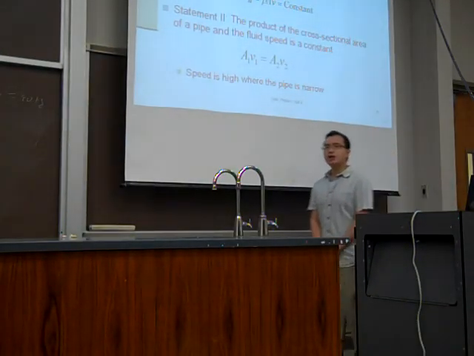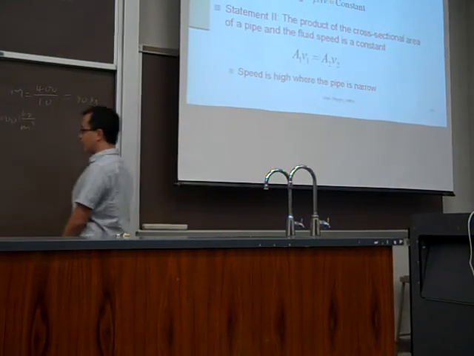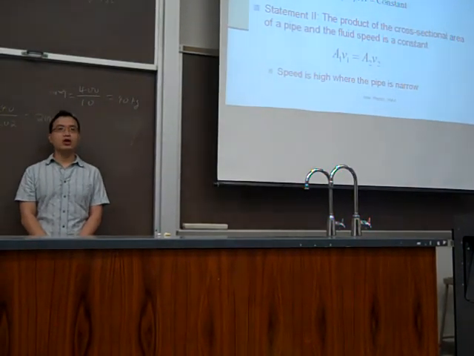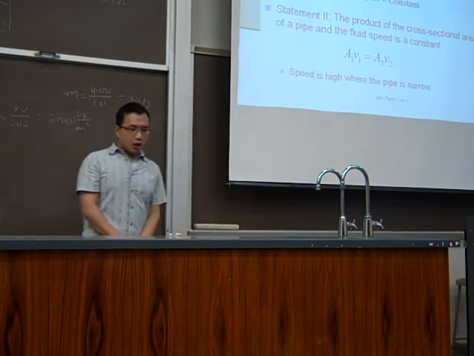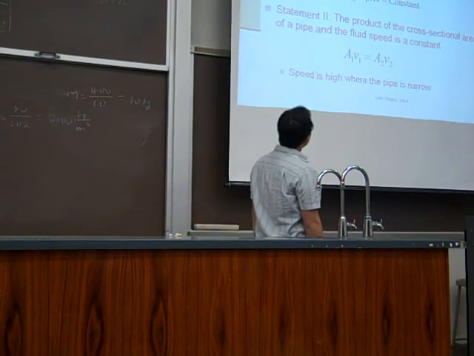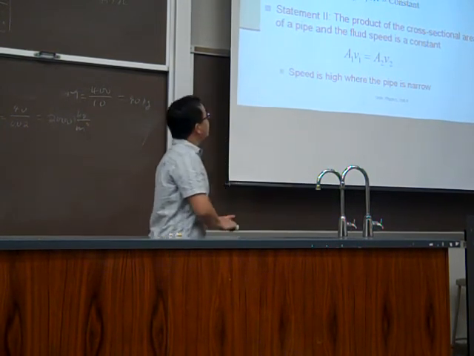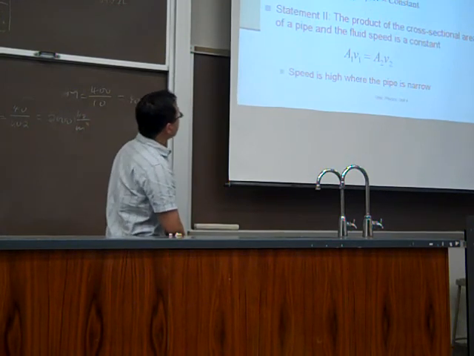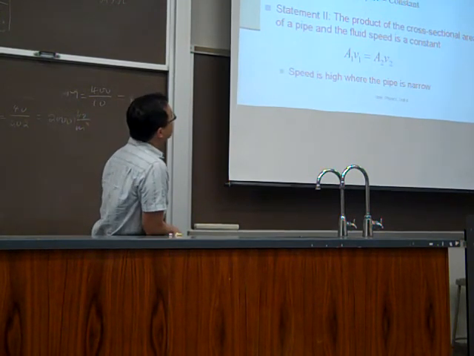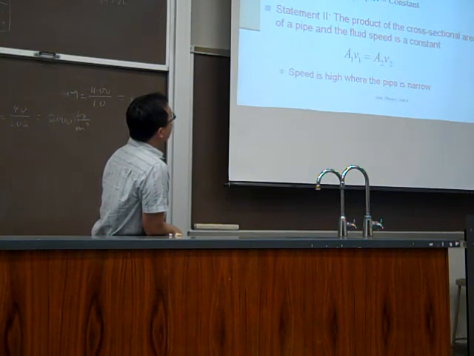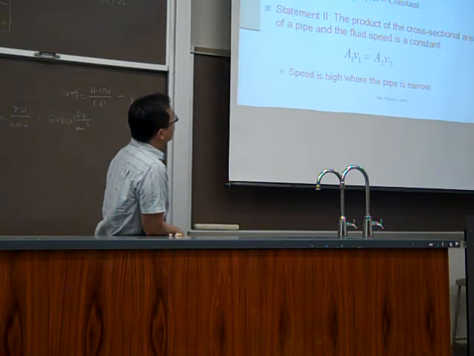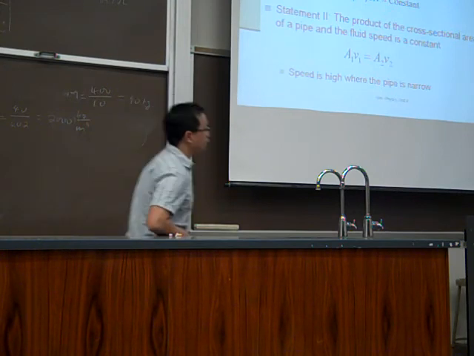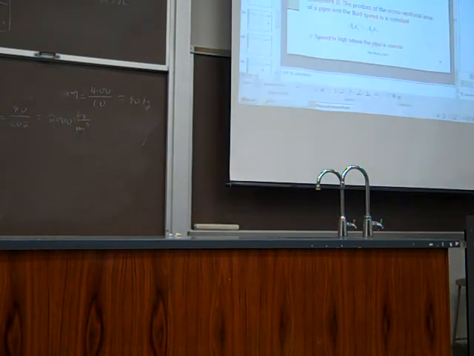So first, if you consider the conservation of mass, you are going to get this equation of continuity. It can be stated in different ways. Statement one says that in the same time interval, the volume of fluid entering one end of the tube equals the volume of the fluid leaving the tube.